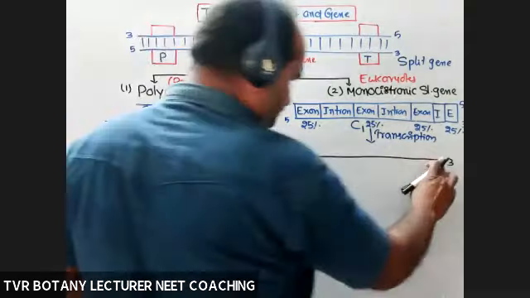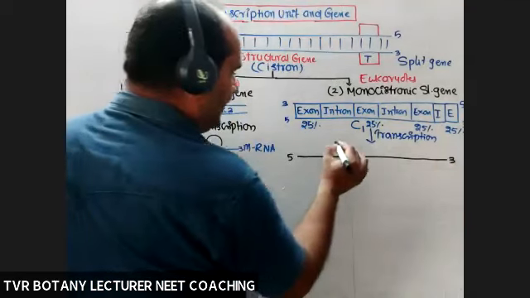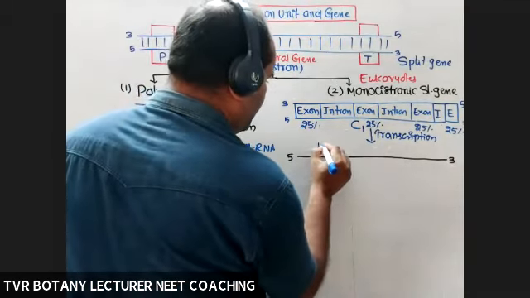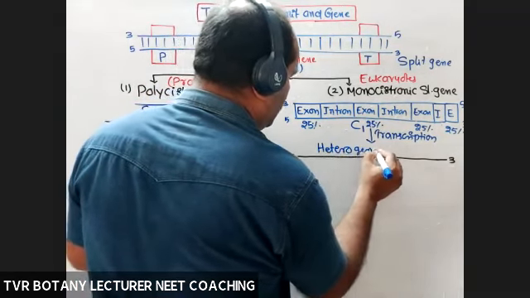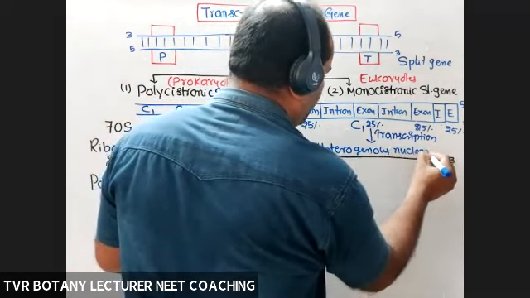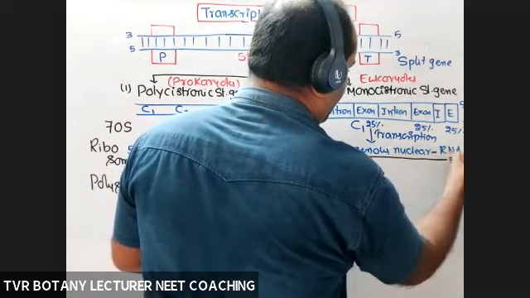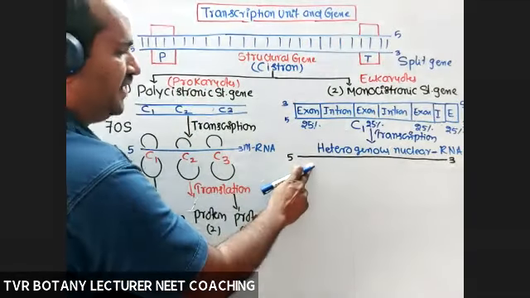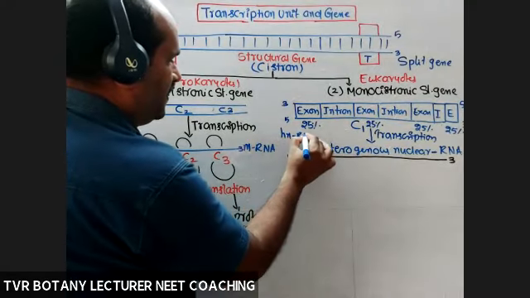This RNA is heterogeneous, coming from the nucleus: heterogeneous nuclear RNA, simply called hnRNA.